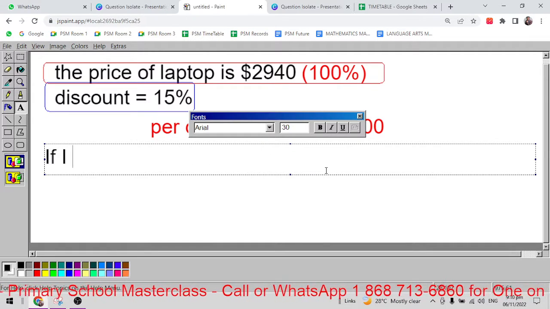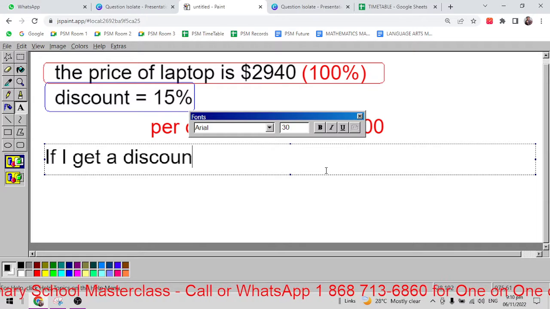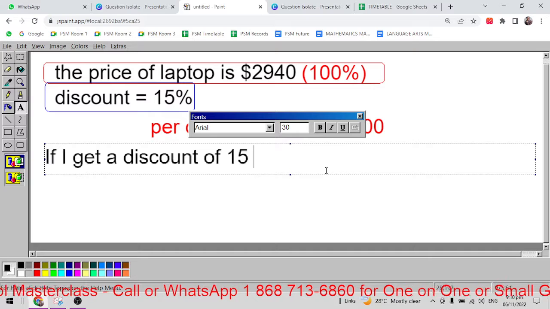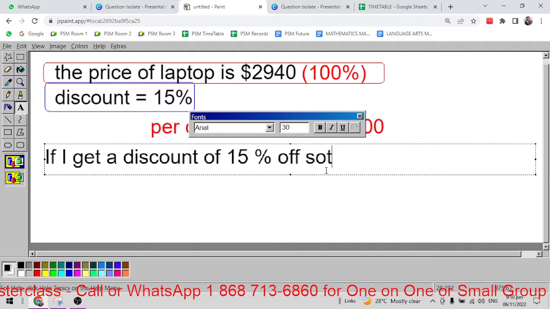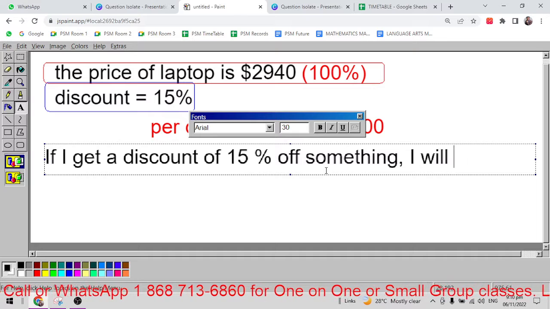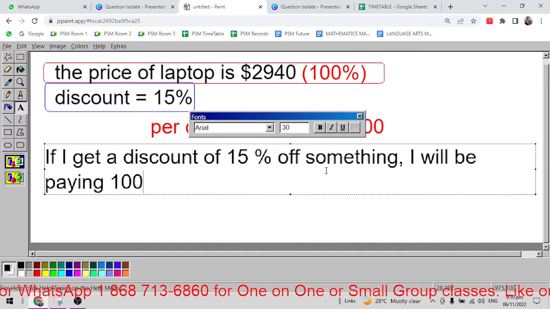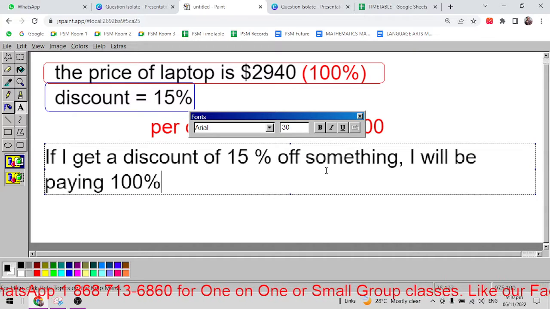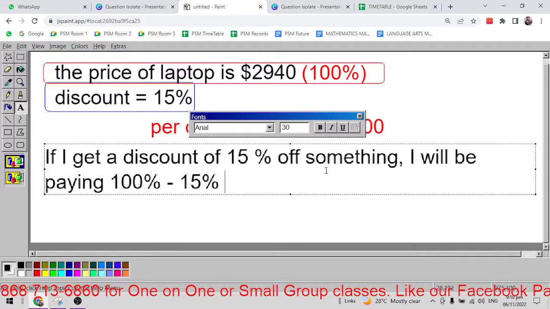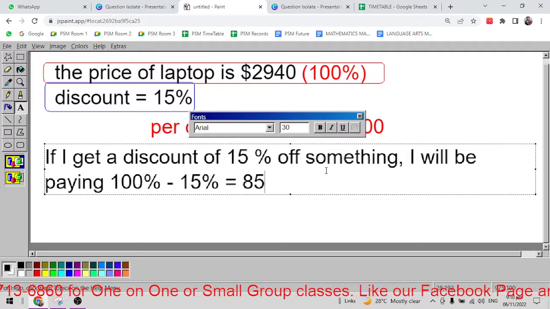If I get a discount of 15% off something, I'm going to be paying 100% minus 15%, which is equal to 85%.